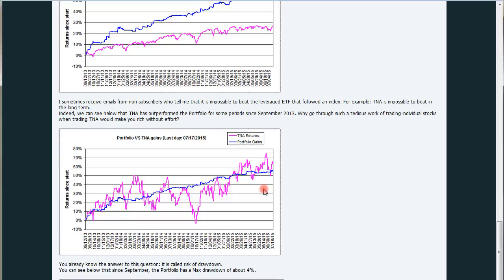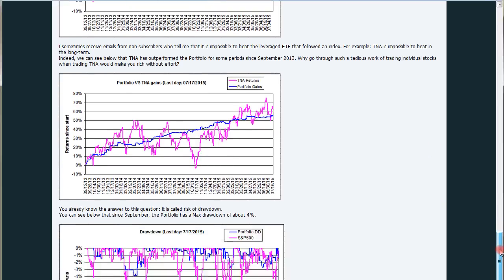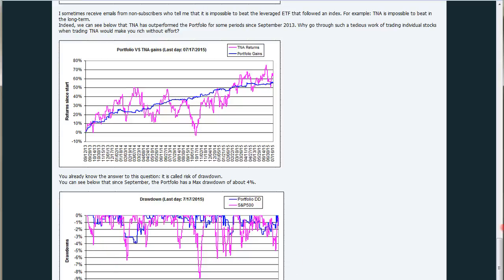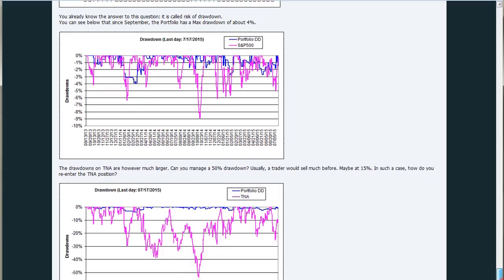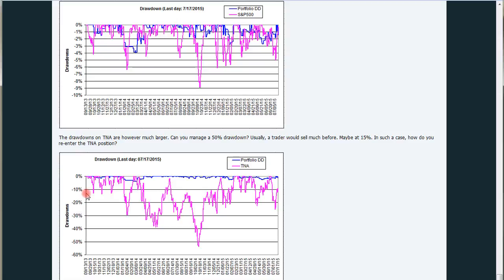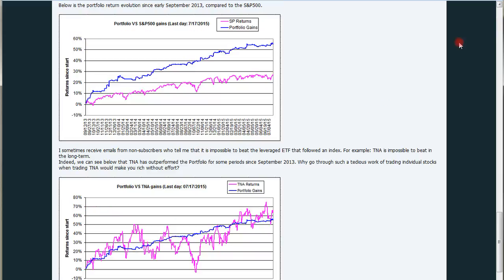It is much more risky than the portfolio. And indeed, you can see that the drawdown on TNA here can be 50%. So if you can survive a 50% drawdown, then you can indeed produce the same returns as the portfolio.